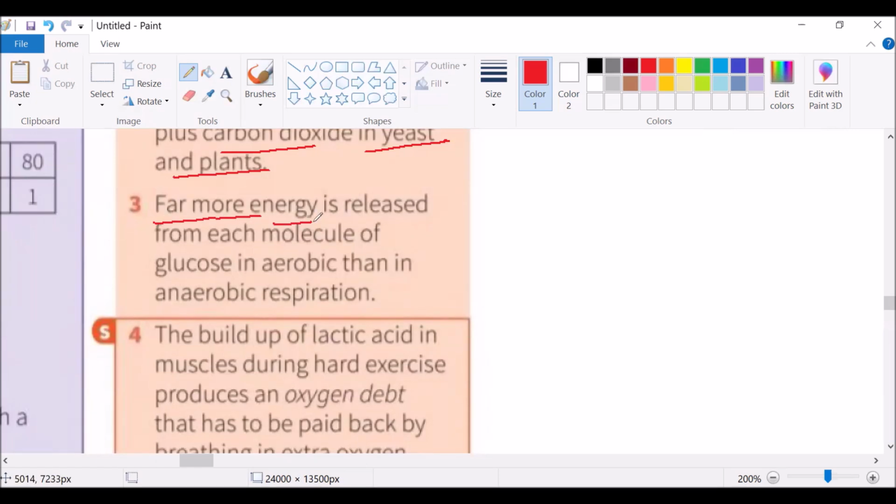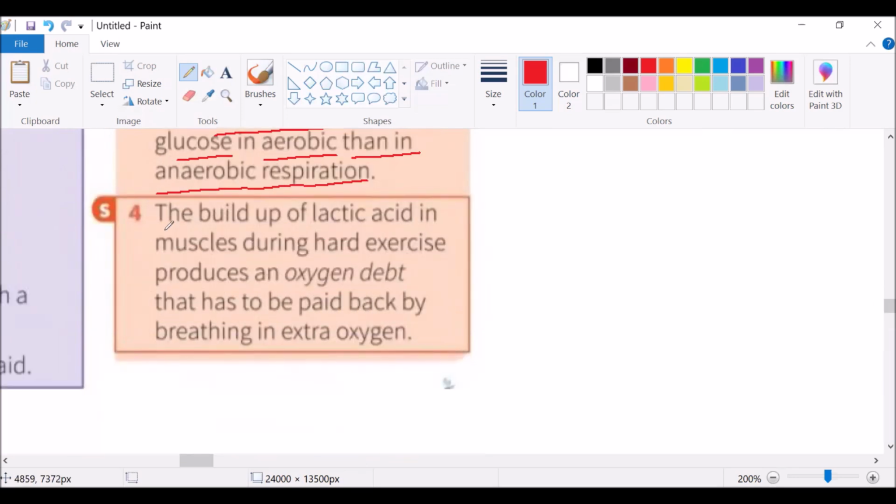Far more energy is released from each molecule of glucose in aerobic respiration than in anaerobic respiration. The build-up of lactic acid in muscles during hard exercise produces an oxygen debt that has to be paid back by breathing in extra oxygen.